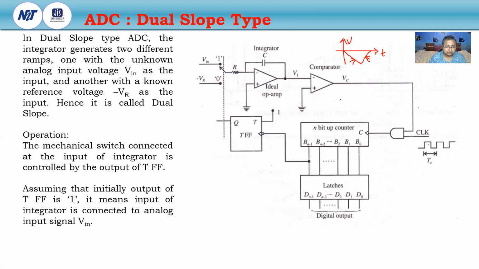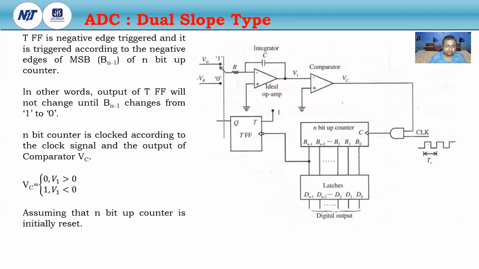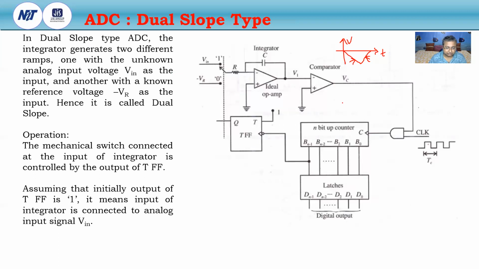In the dual slope type ADC, the integrator generates two different ramps, one with the unknown analog input voltage Vin as the input, and another with a known reference voltage, called minus VR, as the input. Hence it is called the dual slope.